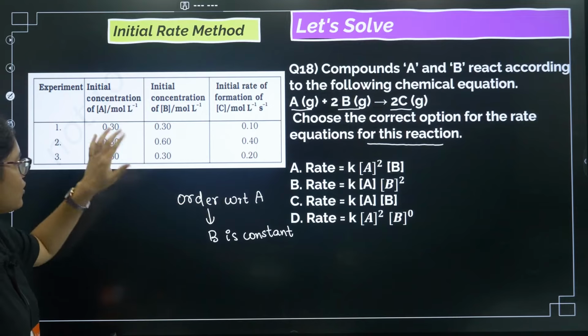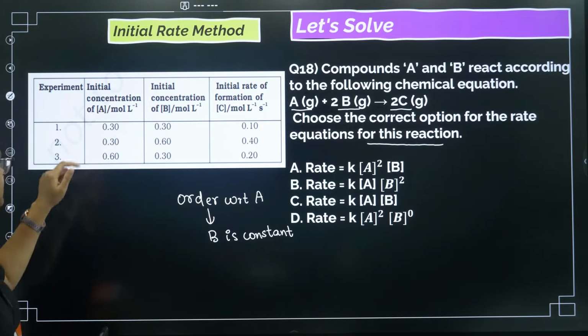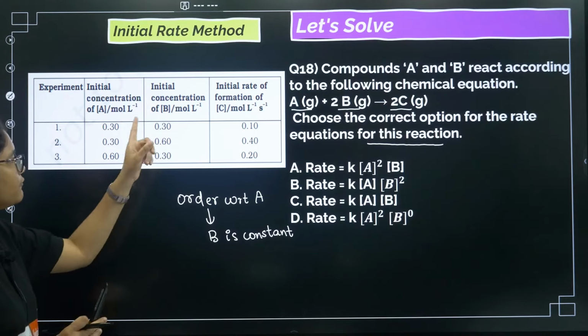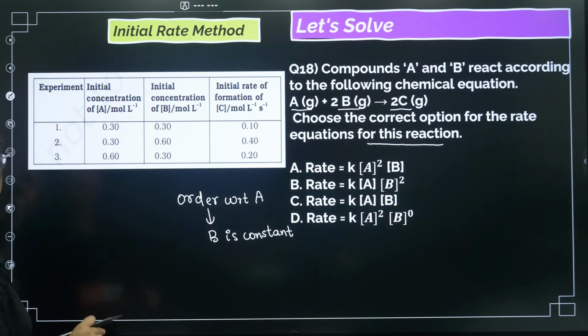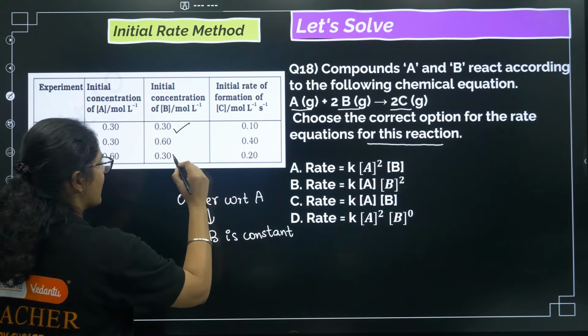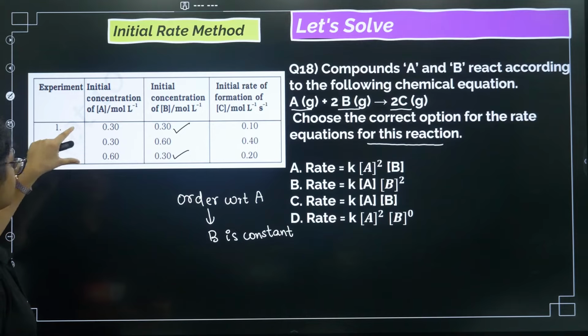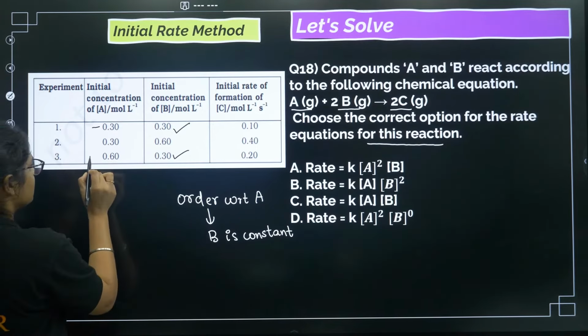Now I want to find the order with respect to A. So out of these three reactions, I have to choose those reactions where B is constant. So you can see that B is constant in this reaction and in this reaction, right? So now I will observe this first reaction and third reaction.